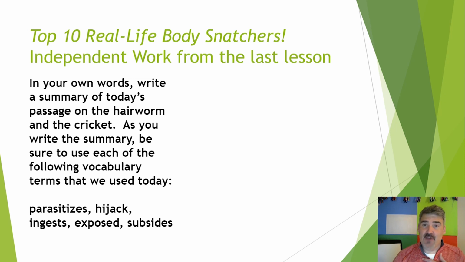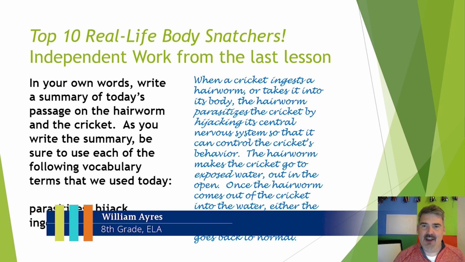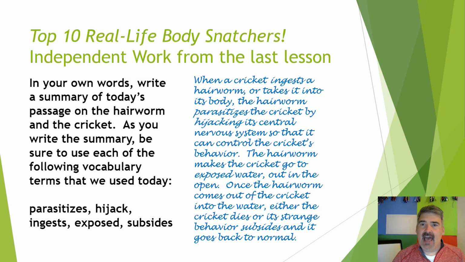Okay, so here is what I wrote. When a cricket ingests a hairworm or takes it into its body, the hairworm parasitizes the cricket by hijacking its central nervous system so that it can control the cricket's behavior. The hairworm makes the cricket go to exposed water out in the open.